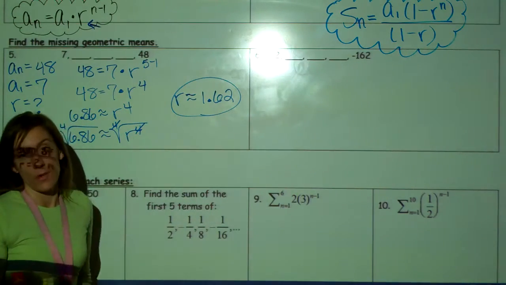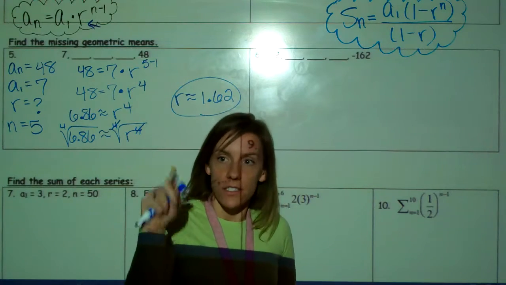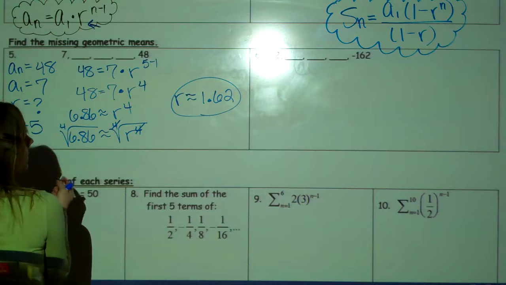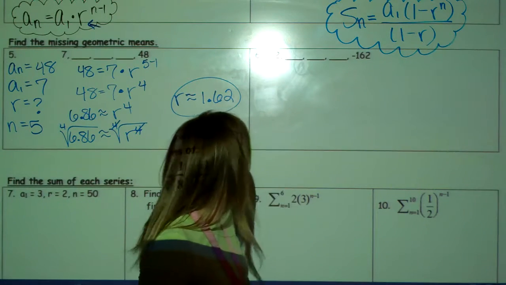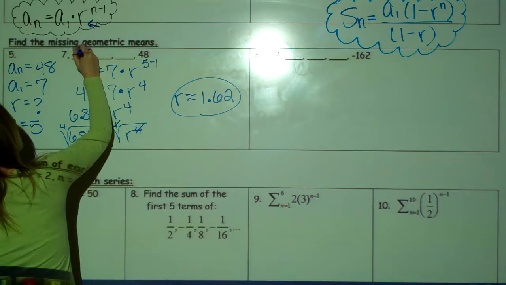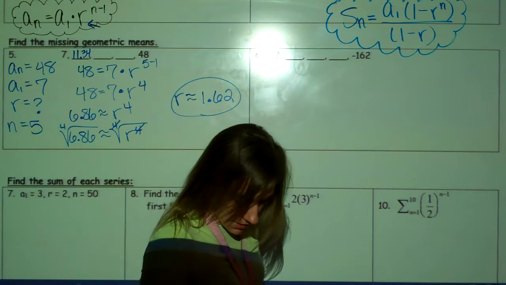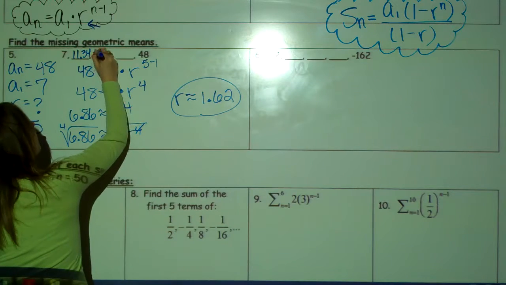We should get a regular ratio. This isn't going to be a fraction because since we did a root, that makes it irrational. But we can work with it. So 7 times 1.62 is 11.34. Okay, if I multiply that by 1.62, I get 18.37.